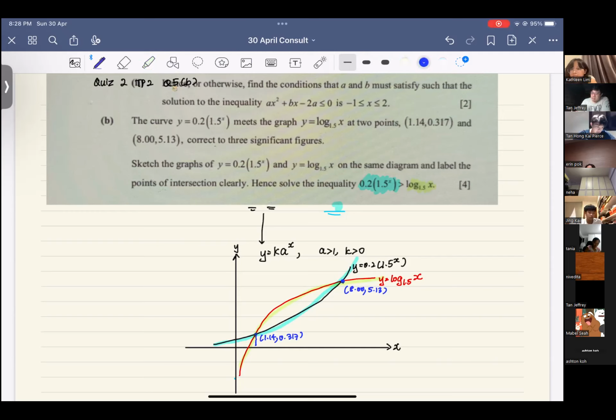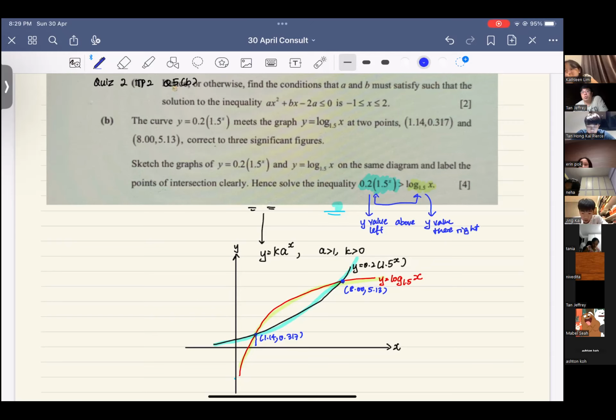If you are comparing this to this, the y value of 0.2, 1.5x must be above the y value here. The y value on the left must be greater than the y value on the right.